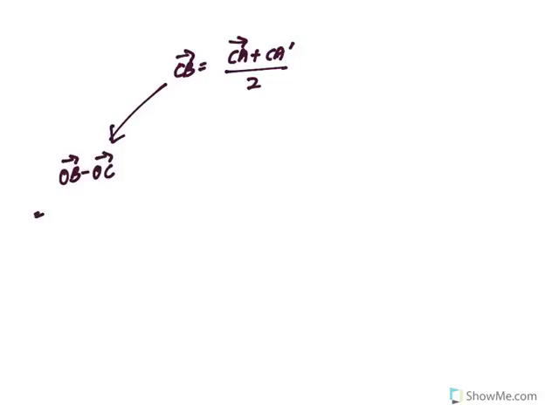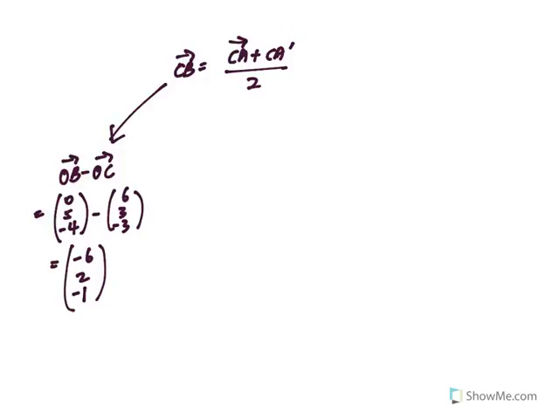OB, as we found in part 2, is 0, 5, negative 4. OC is nothing but 6, 3, negative 3. So this will give you negative 6, 2, negative 1.